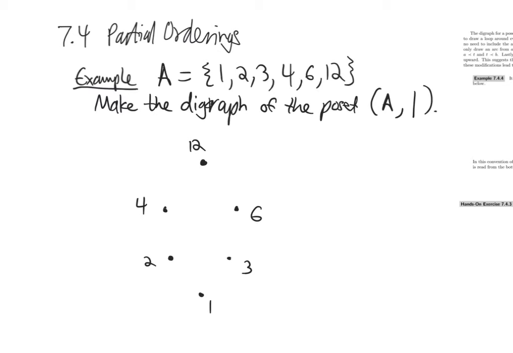Now let's make the directed graph. We know that this relation is reflexive, which means there's going to be a loop at each point. So if we're going to make the digraph properly, we have to put a loop at every single point. What else do we know? We know that 1 divides 2, 1 divides 4, 1 divides every integer.